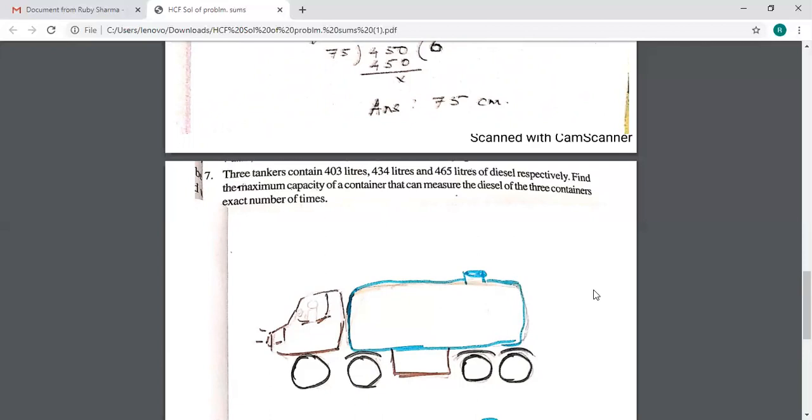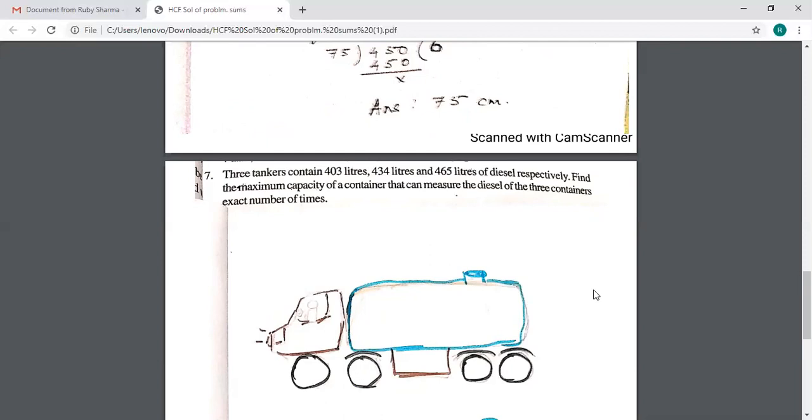Now find the maximum capacity of a container that can measure the diesel of the three containers an exact number of times. So you have to find a container whose capacity will measure exactly. Now all of us know that 1 liter will of course measure all three exactly. Next, there may be more factors which will measure the diesel in all three tankers an exact number of times.